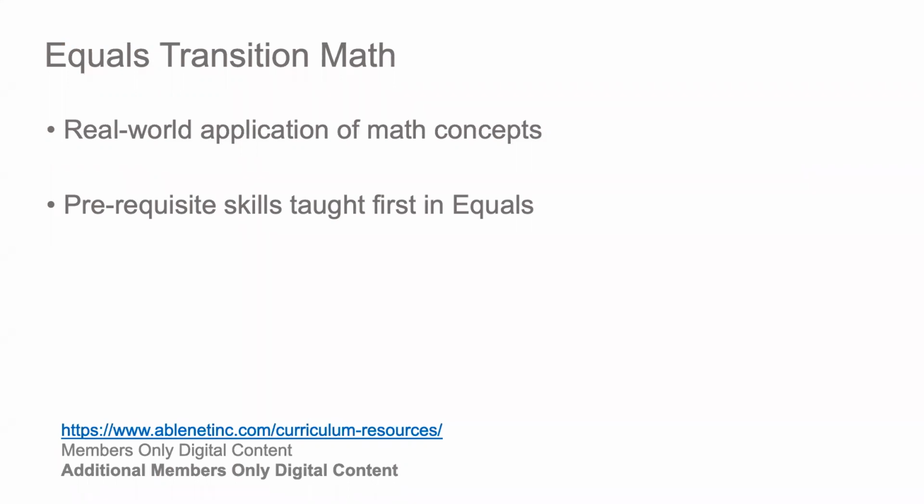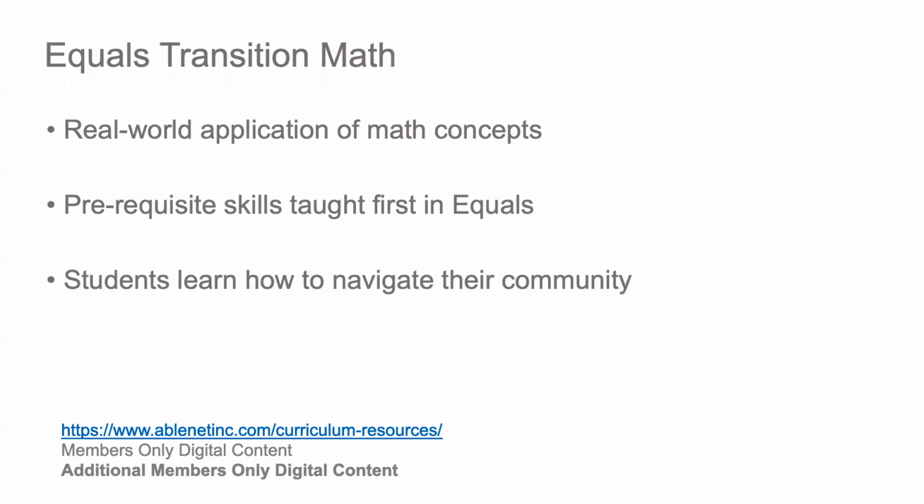The lesson structure is specifically designed for application of learned math skills from Equals Math to the community by focusing on community living at home and neighborhood with access to retail and restaurant locations, recreation, transportation, employment, as well as post-secondary education environments.